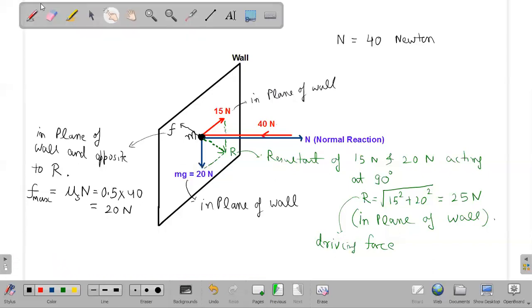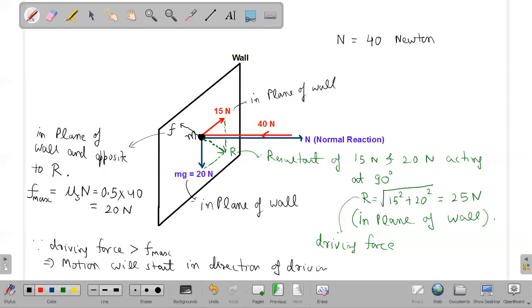What will happen now? Since driving force is more than the maximum possible friction force, it is obvious motion will start. The block will move. Motion will start in the direction of driving force.